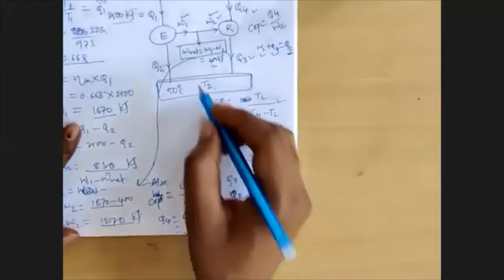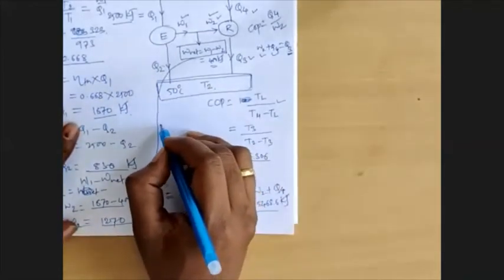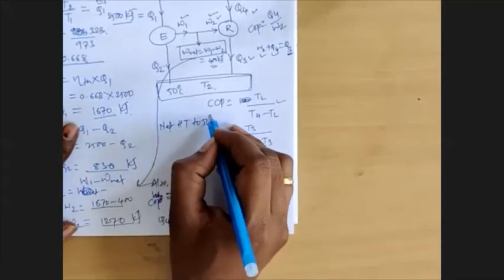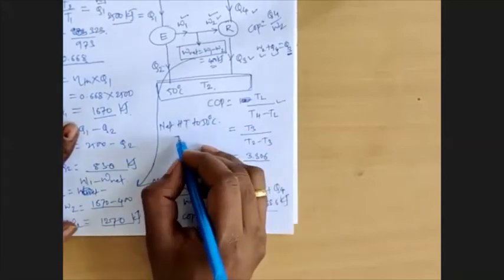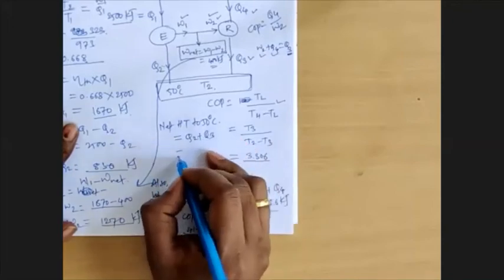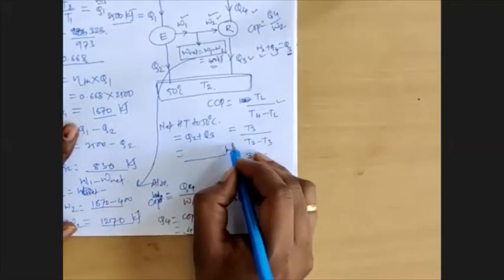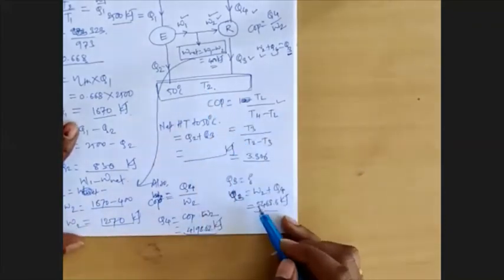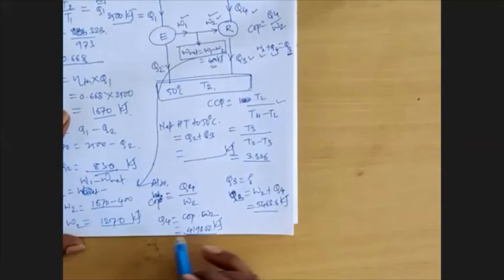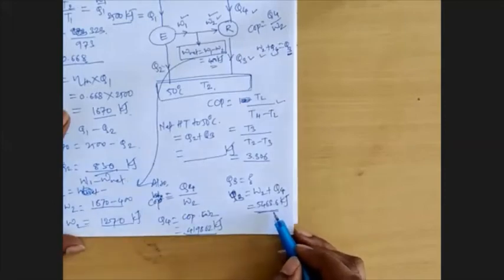So the net heat transfer to the 50 degrees Celsius reservoir is equal to Q2 plus Q3, and Q2 is 830 kilojoules and Q3 is 5468.6.